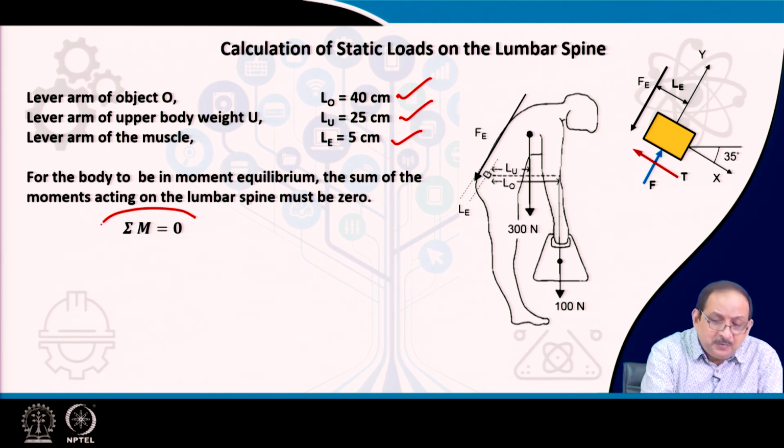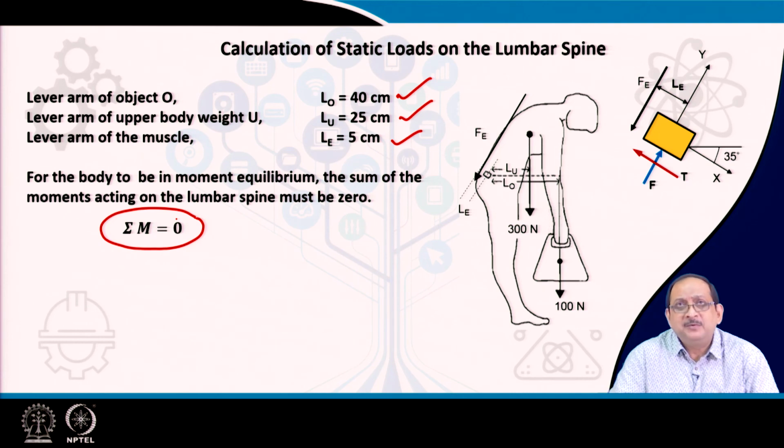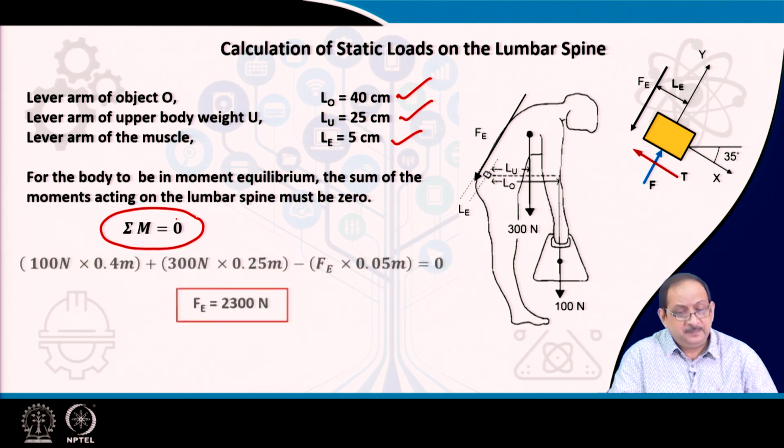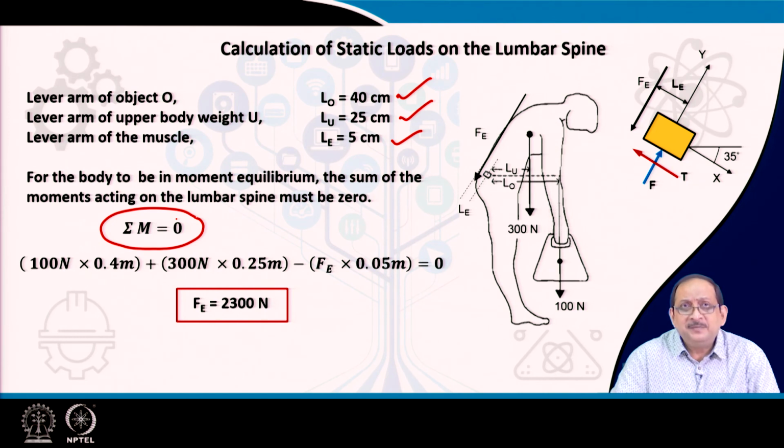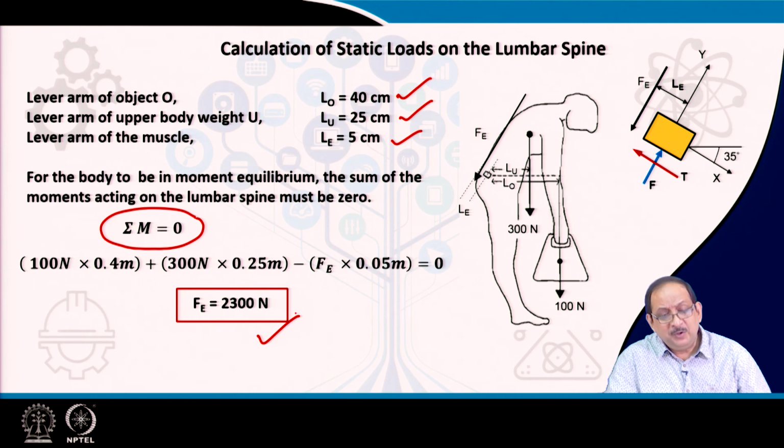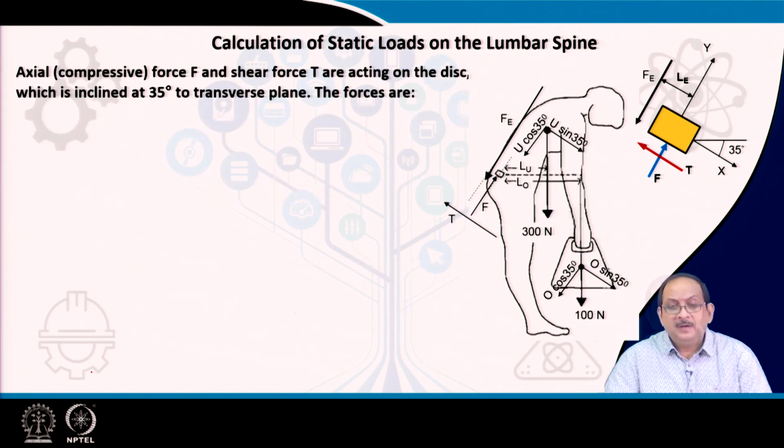So, we add all the moments about the center of motion of the lumbar spine and equate it to 0. When we do that, we generate an equation from which we can calculate the unknown magnitude of the force applied by the erector spinae muscle, which is equal to 2300 Newton.